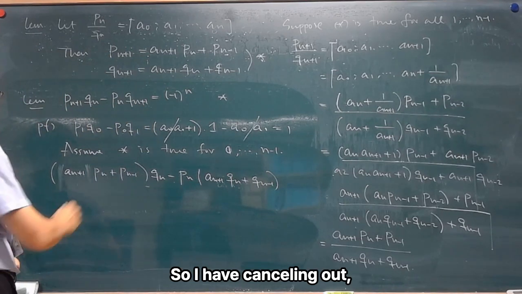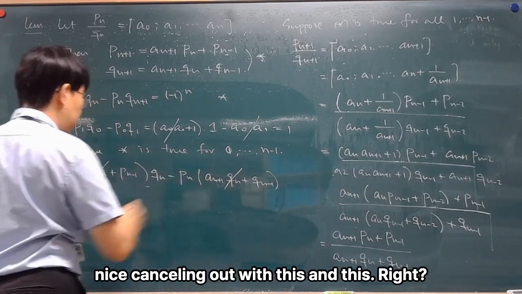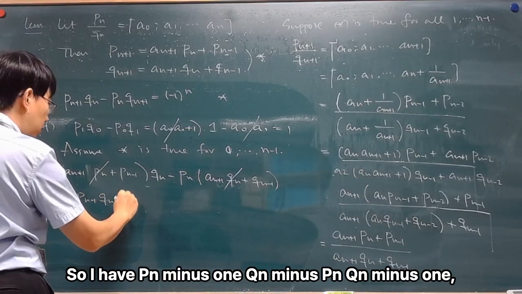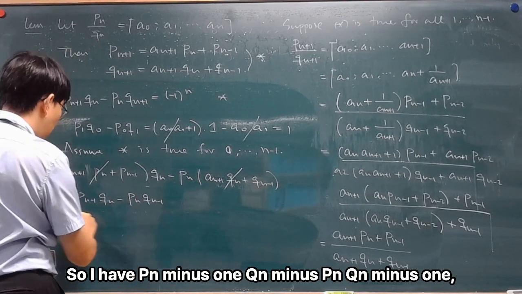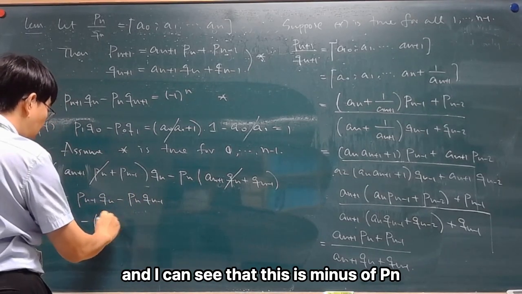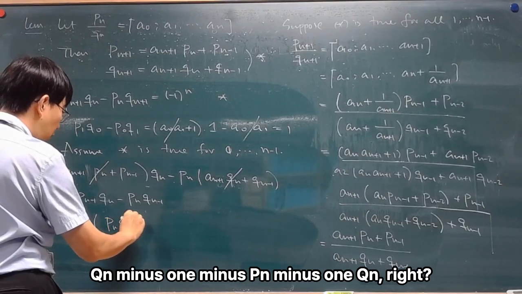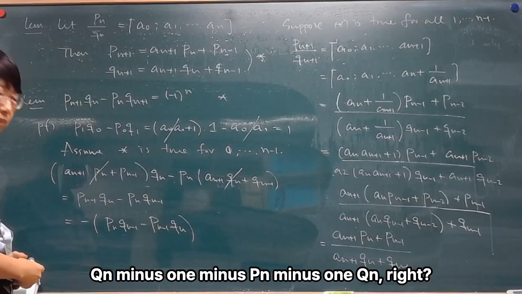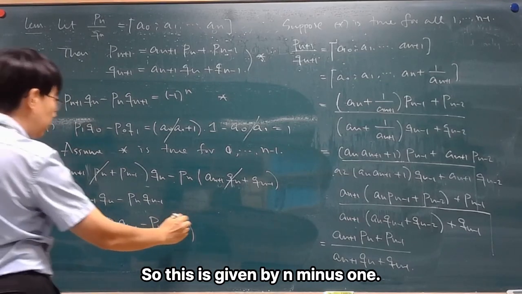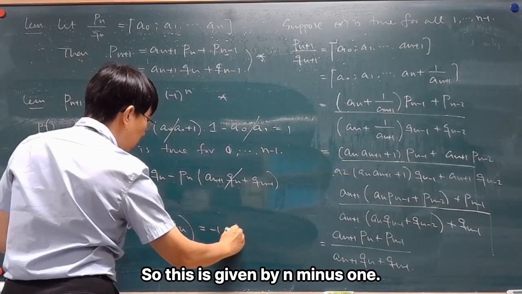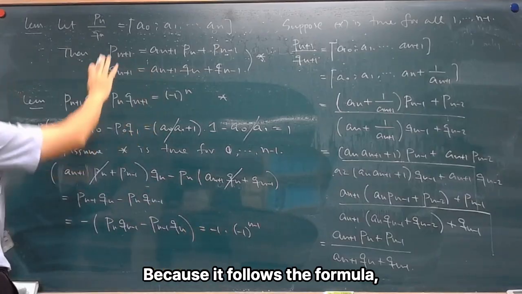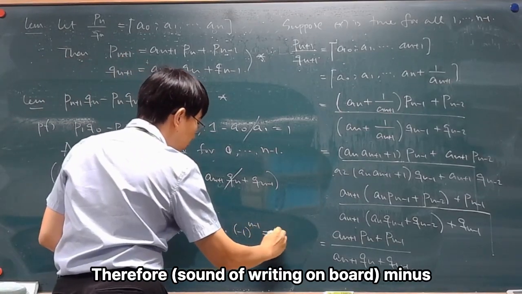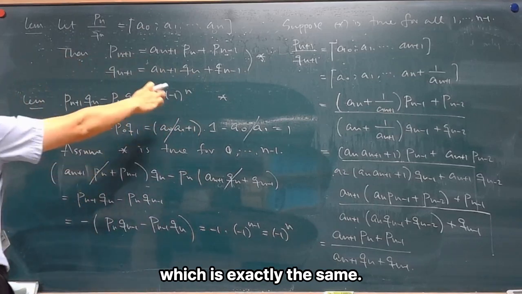So I have canceling out, nice canceling out with this and this, right? So I have Pn minus 1 Qn minus Pn Qn minus 1. And I can see that this is minus of Pn Qn minus 1 minus Pn minus 1 Qn, right? So I know what this is. So this is given by minus 1 to the power of n minus 1, because it follows the formula. That's what I assumed here. So therefore, it's minus 1 to the power of n, which is exactly the same.